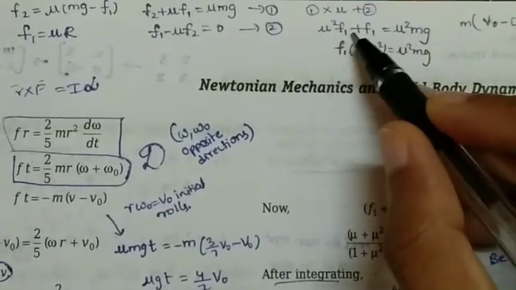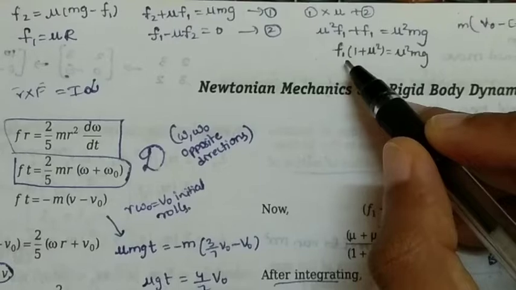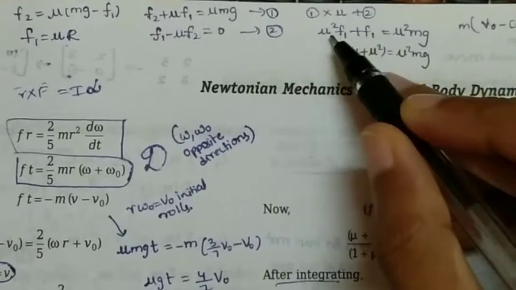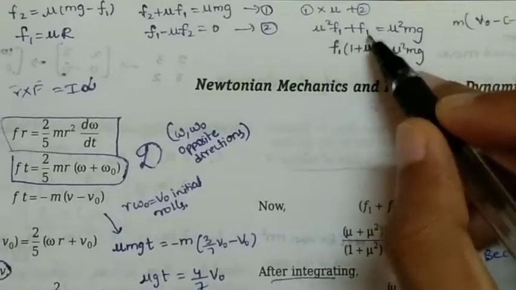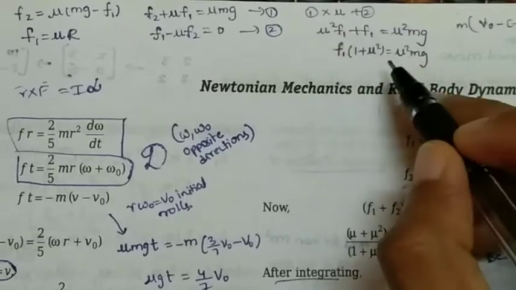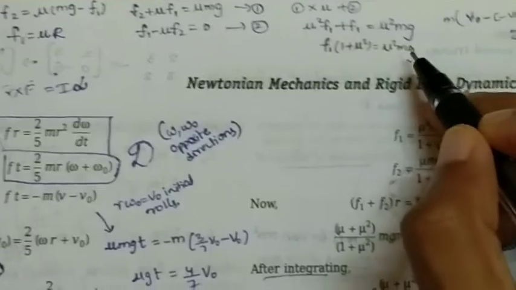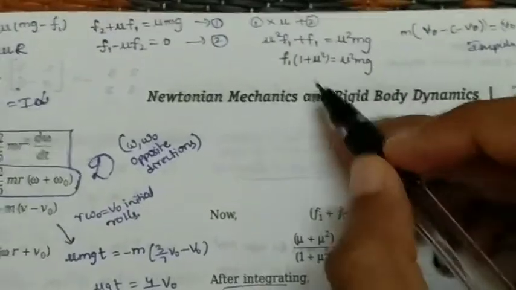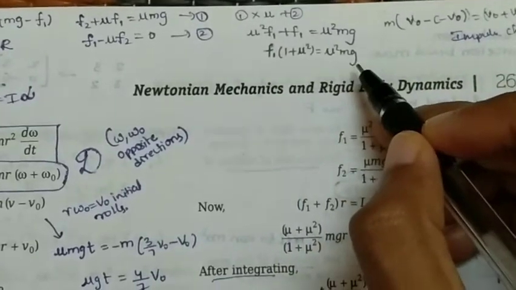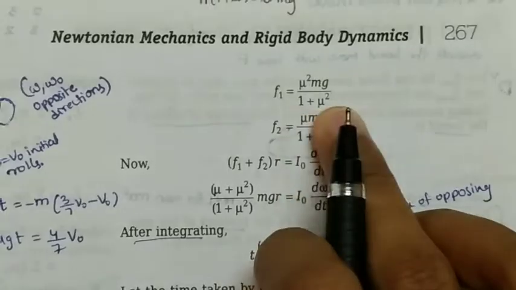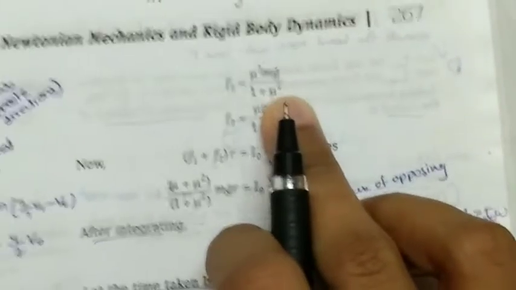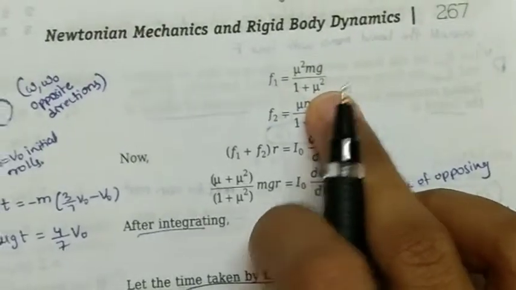On the left-hand side, if we take F1 common, F1 into 1 plus mu square equals mu square mg. That is, F1 is equal to mu square mg by 1 plus mu square. And we already know that F2 is F1 by mu.